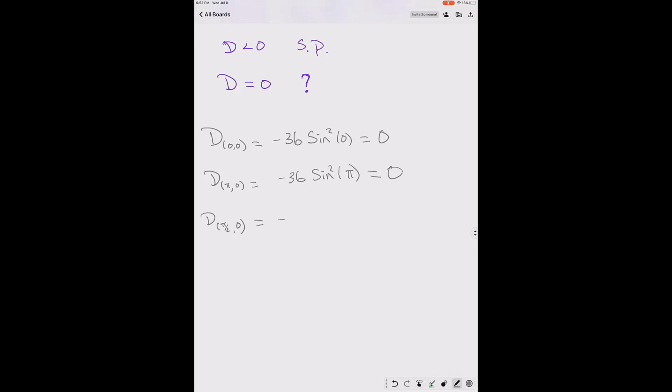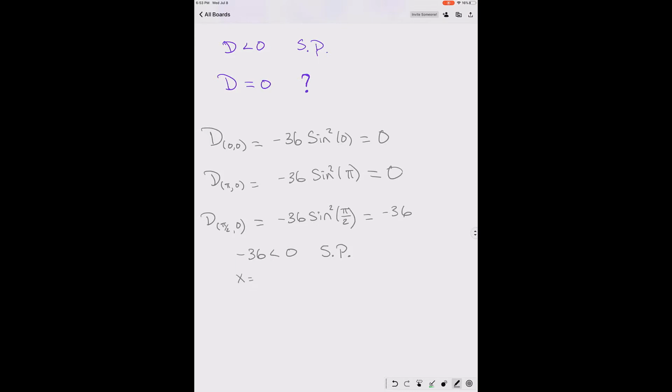And so when I do that, I get minus 36 times the sine squared of pi over 2. And the sine of pi over 2 is 1. And I square it, I get 1. And I multiply that by negative 36, I end up getting negative 36. And negative 36 is certainly less than 0. And so we have a saddle point happening there.